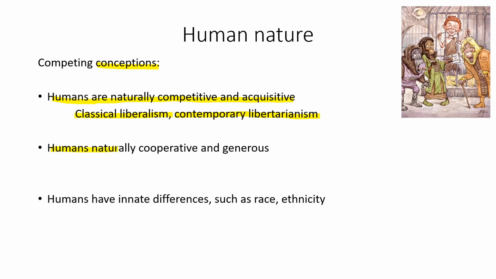Another competing conception is that humans are naturally cooperative and generous. And of course, we would like to think that is kind of a positive frame of mind, that we are like that. However, the ideologies that have been basing themselves on that fundamental concept of human nature have not been quite as successful. Particularly, communism has failed miserably, and we'll get into why that is.